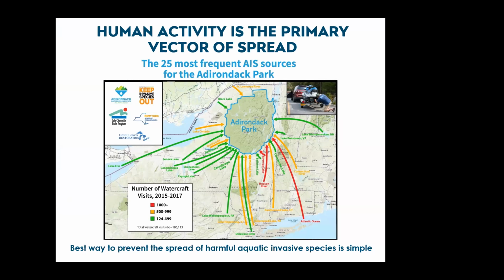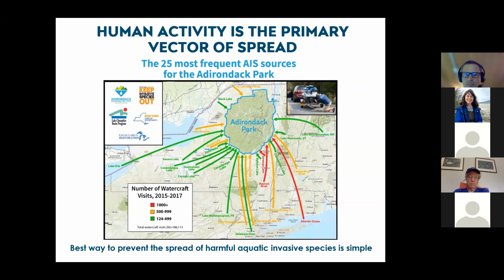But we want to make sure that we're all recreating responsibly, that we're making this a welcoming, wonderful place for everybody to enjoy by boat, in their waders, by fishing. And so really the best way to prevent the spread of harmful aquatic invasive species is simple. We just have to get the word out and get folks participating.